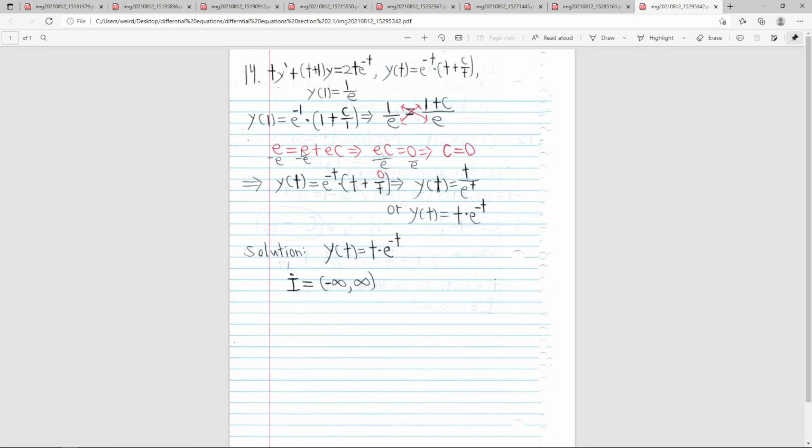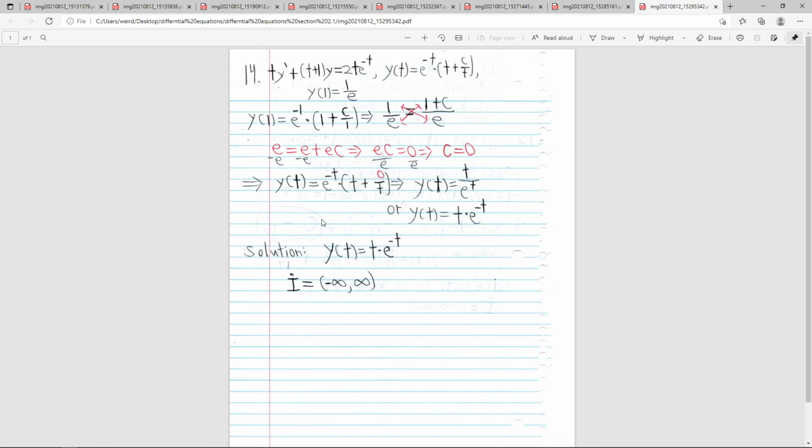We get e equals e plus e times c. Then we subtract e on both sides to get ec equal to 0, divide by e on both sides, and we get c equals 0.